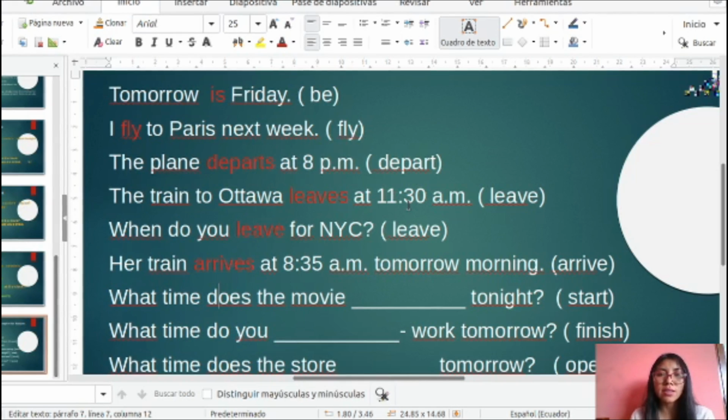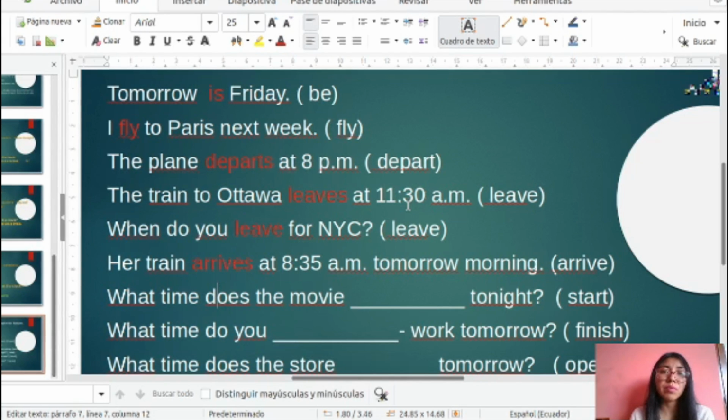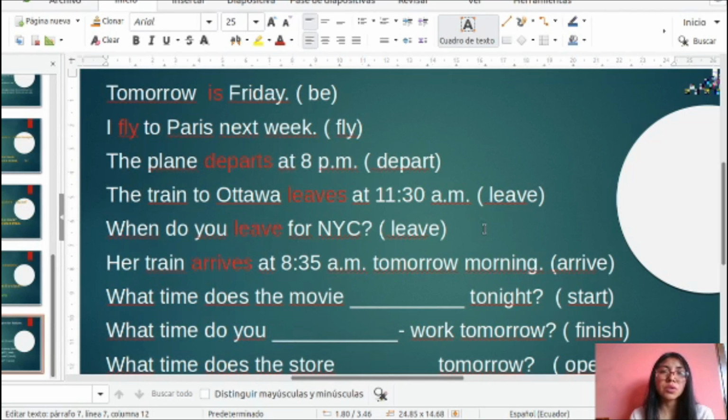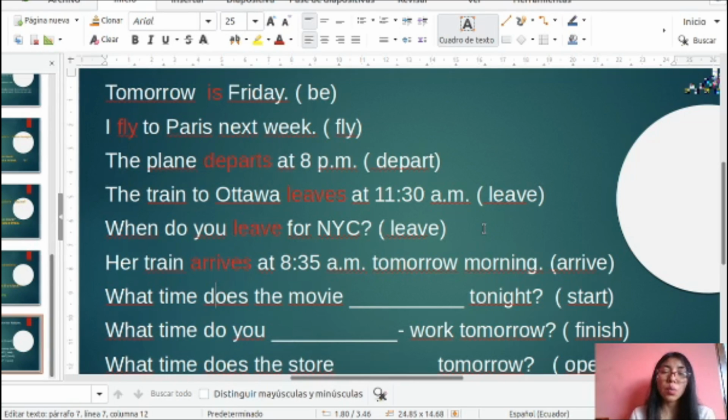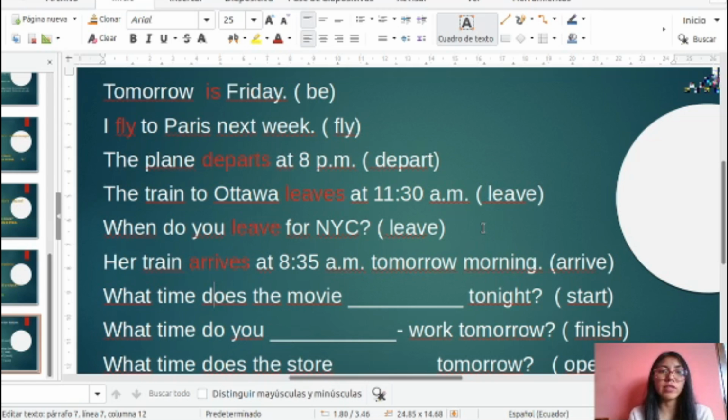Okay, that is the difference, because remember, we already know about the present simple in order to speak about present events. But today we learned how to use present simple in order to speak about future events. Okay, that is the difference.